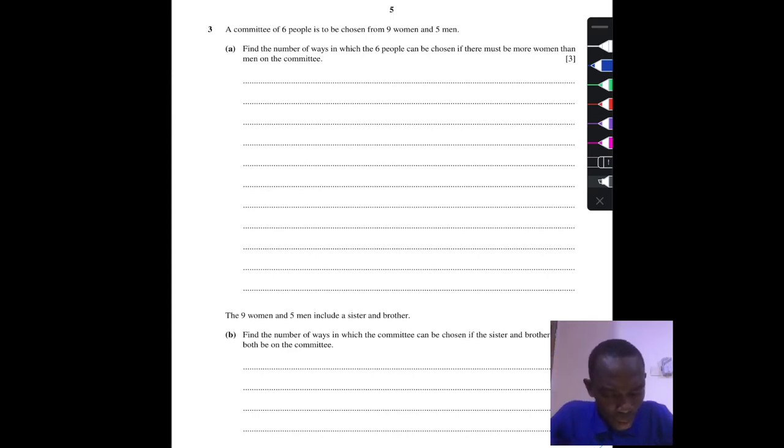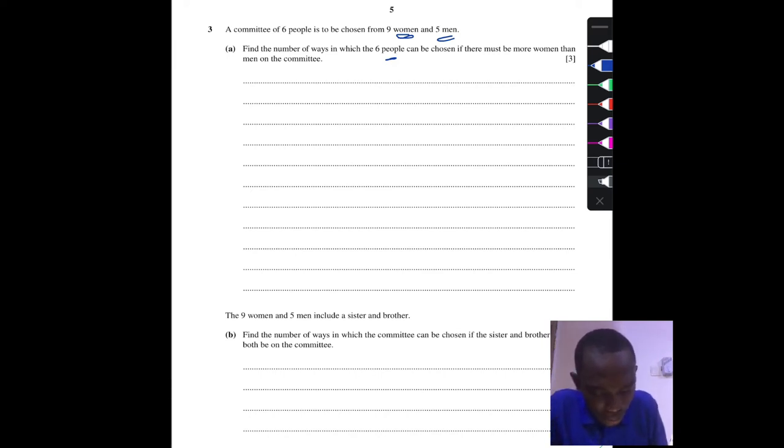Okay. A committee of 6 people, that's the next question, to be chosen from 9 women and 5 men. Find the number of ways in which the 6 people can be chosen if there must be more women than men. That's a restriction.